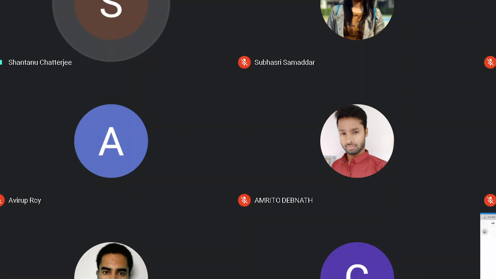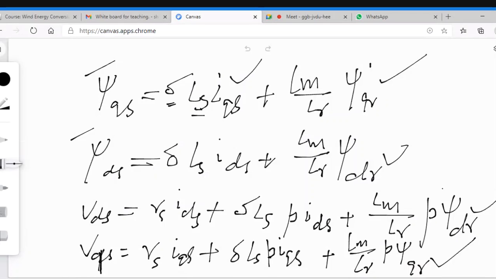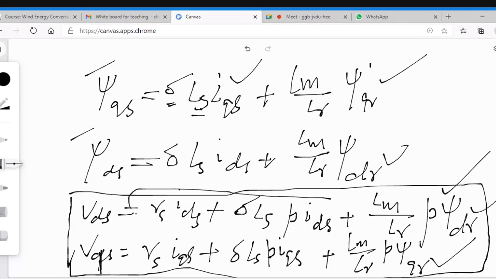So in the morning session I have discussed this equation. Whether this equation is correct or not, you tell me. In the morning I discussed these two equations. VDS is equal to RS into IDS plus of sigma into LS P IDS plus of LM by LR into P phi DR. This is not sigma actually.